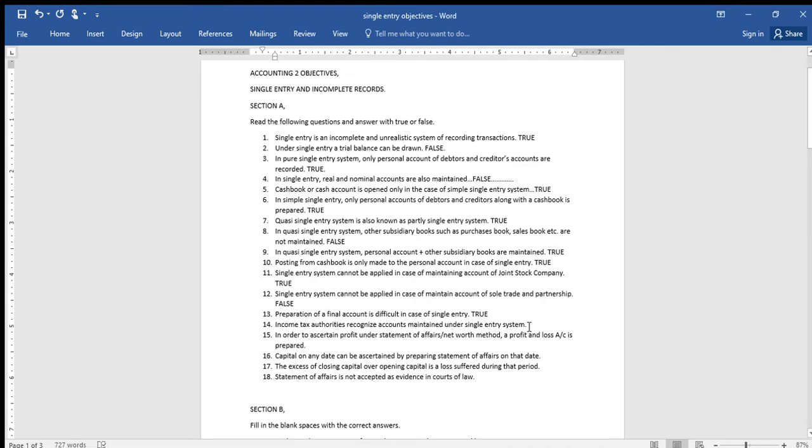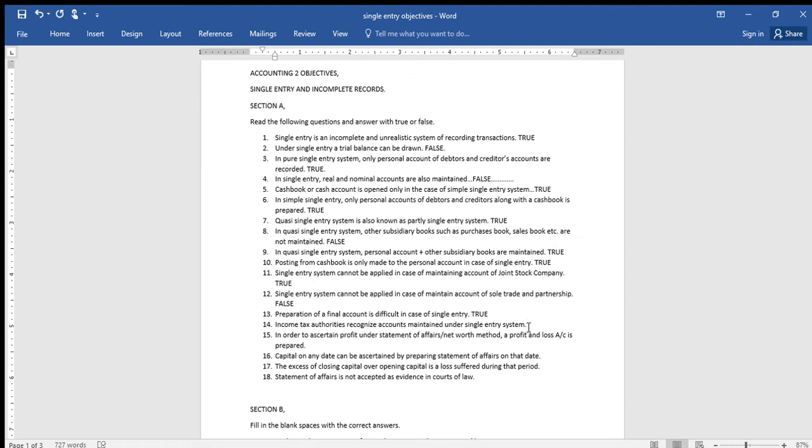Then number 14, income tax authorities recognize accounts maintained under single entry system.